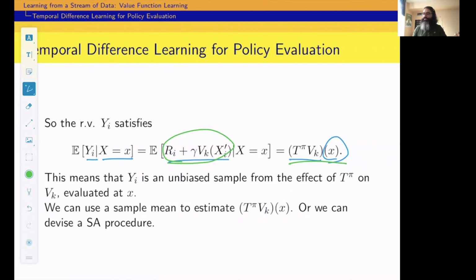Another way to think about it is that I have a noisy version of this Bellman operator applied at X. So I can use a sample mean estimator to estimate this, or, as you've seen a few times already, we can use the Bellman operator as stochastic approximation.